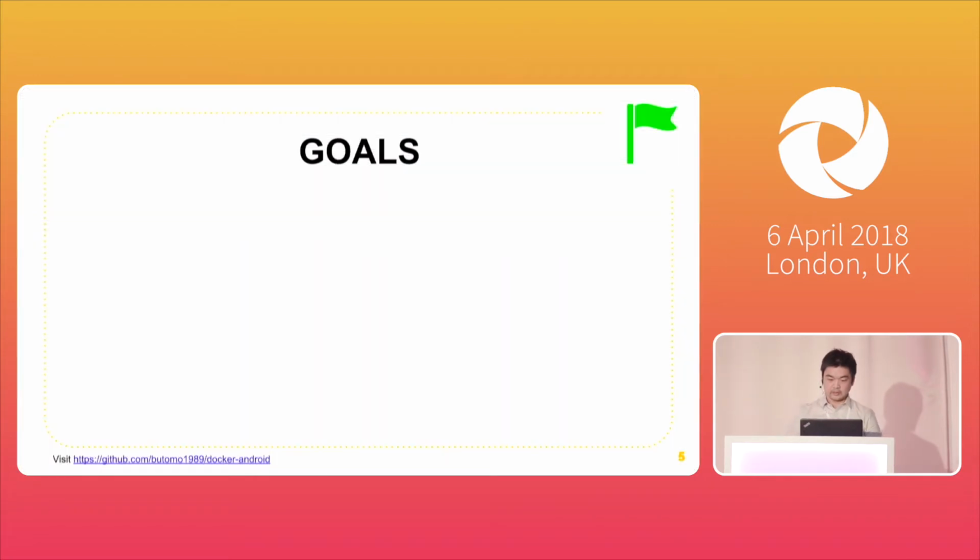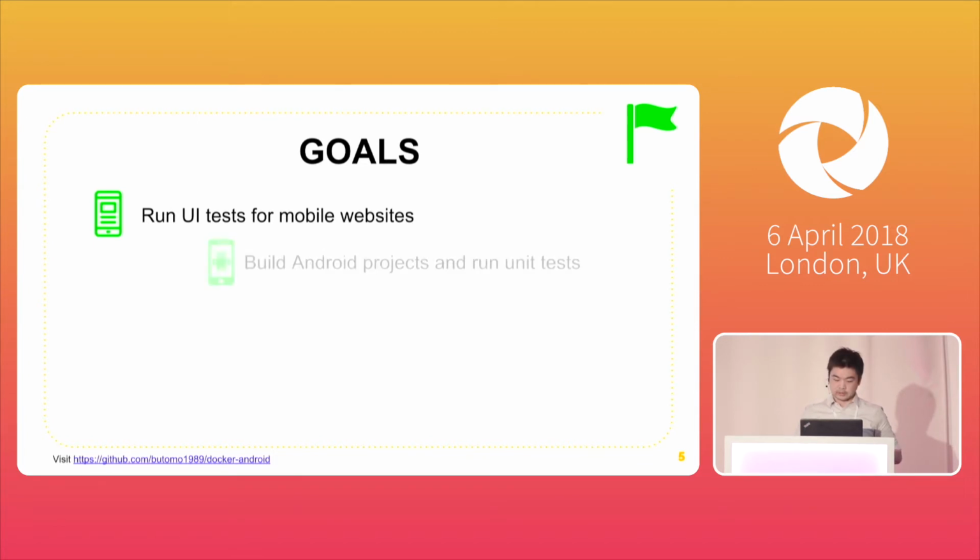After the definition of DockerAndroid, what are the goals for this project? First, it should be used to execute UI tests for mobile websites by using the Appium test framework. And the second goal is to build Android projects and run their unit tests.